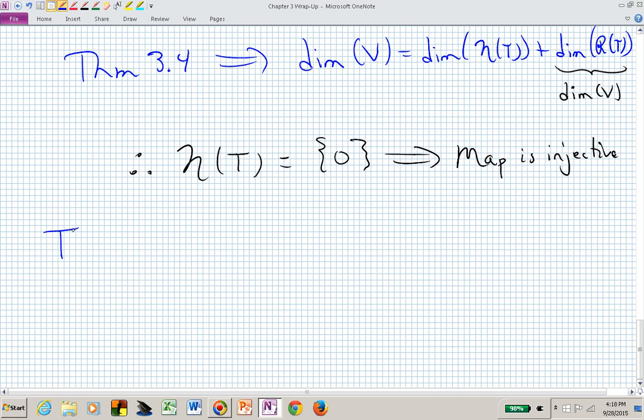T, by assumption, is surjective. We assumed 3. We showed by theorem 3.4 that it's injective.